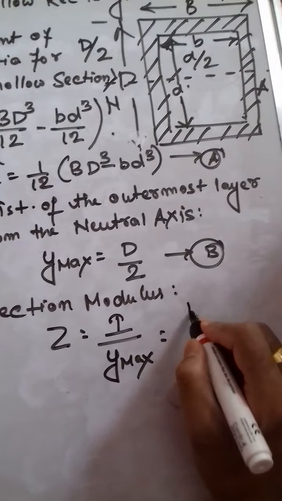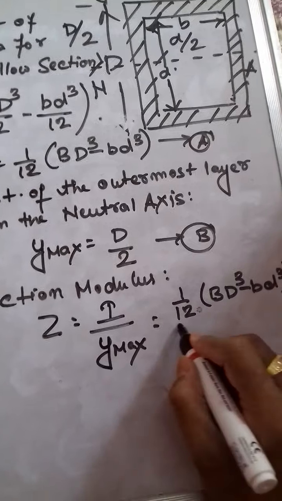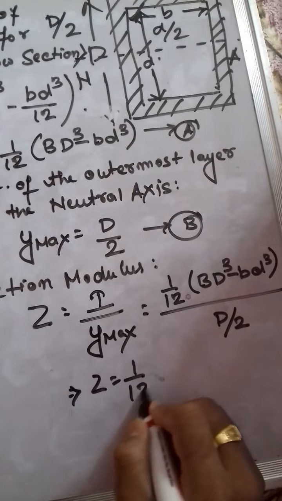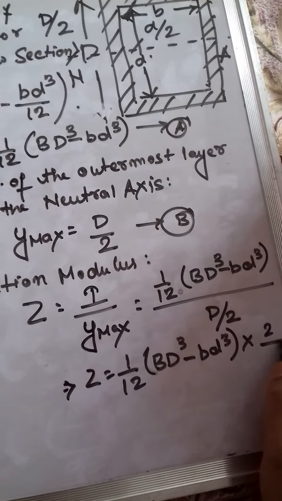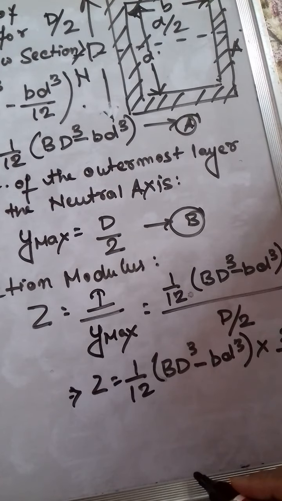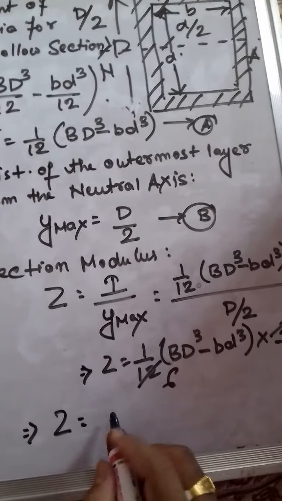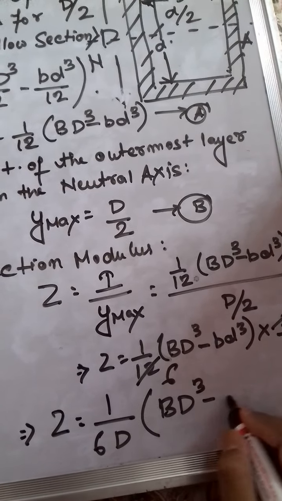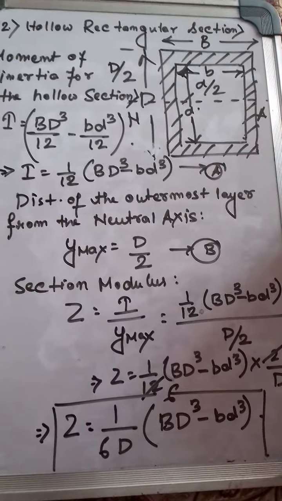So it is 1 by 12 into BD cube minus bd cube divided by D by 2, which is 1 by 12 into 2 by D. So the section modulus for the hollow rectangular section is 1 by 6D bracket of BD cube minus bd cube. This is the section modulus for a hollow rectangular section. I hope it is clear.